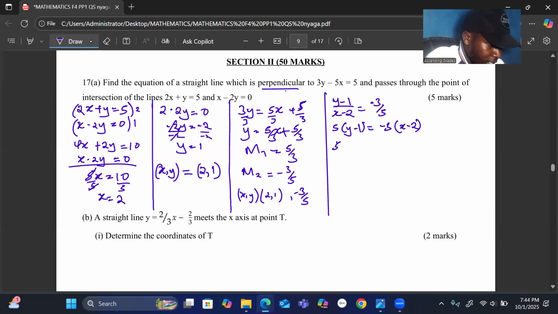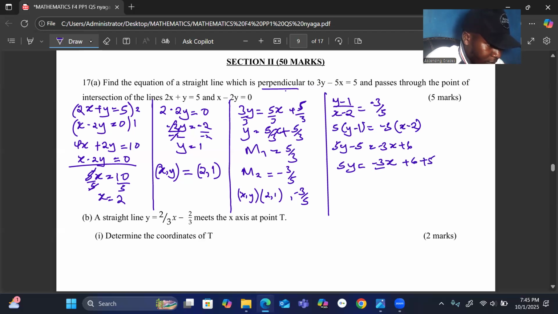So 5y minus 5 is equal to negative 3x plus 6. So 5y is equal to negative 3x plus 6 plus 5.